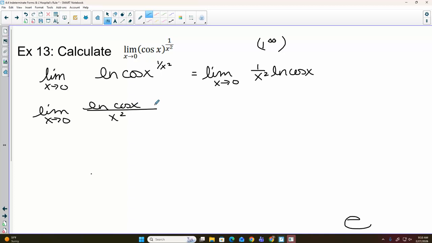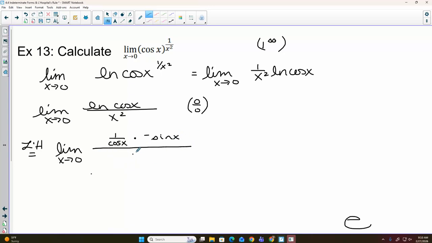Alright, so cosine of 0 is 1, natural log of 1 is 0, so we have 0 over 0, which tells us to use L'Hopital's. The derivative of a natural log is 1 over the argument. We have to use the chain rule, so times the derivative of the inside, the derivative of cosine is negative sine.